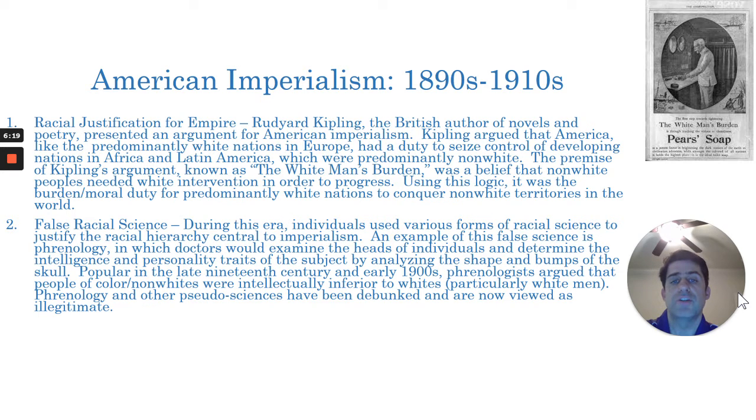And it was thus the duty or the burden of sophisticated white nations in America and Europe to go and conquer these non-white territories in order to civilize the population, the citizenry, if you will, and exert governance over these areas, that these places were incapable of self-governance, so they needed a European nation or the U.S. to govern.